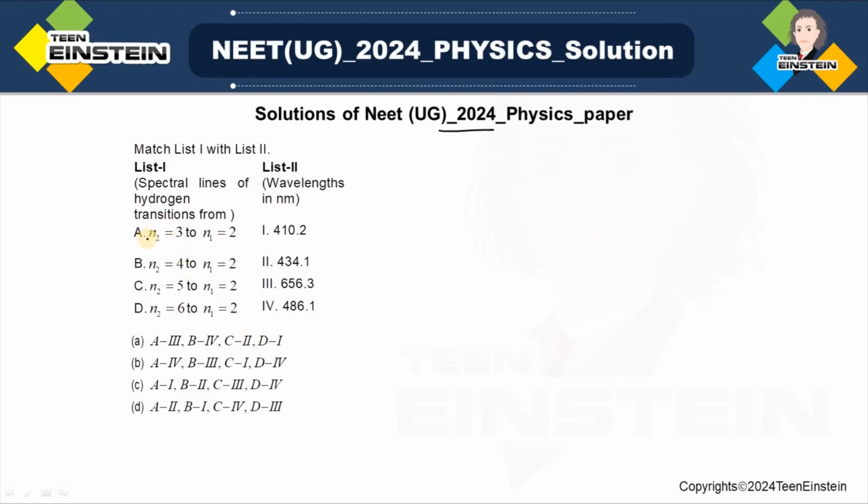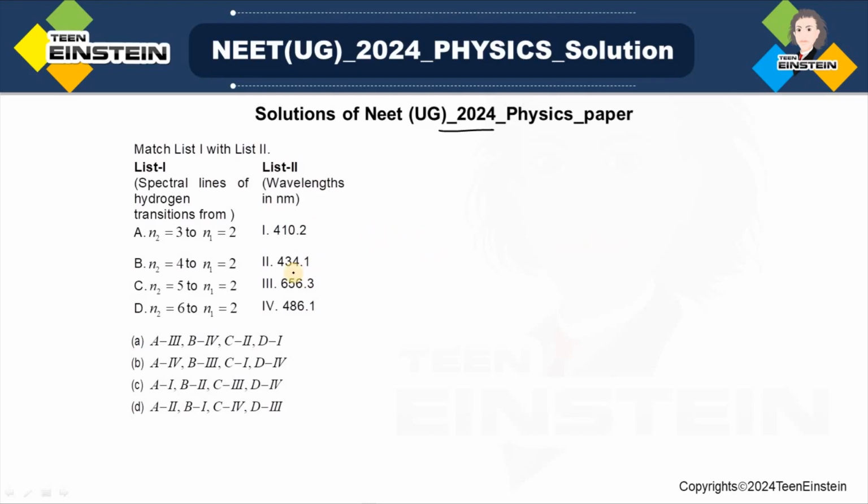Okay, so see, in list 1, A gives you the transition from energy level 3 to energy level 2, and B gives you the transition from 4 to the first excited state, n1 is equal to 2, like that, and here the wavelengths are given.